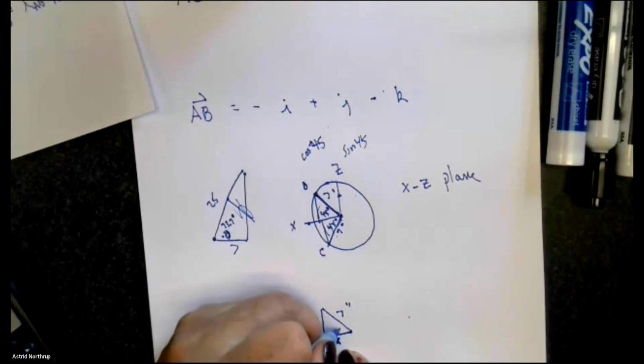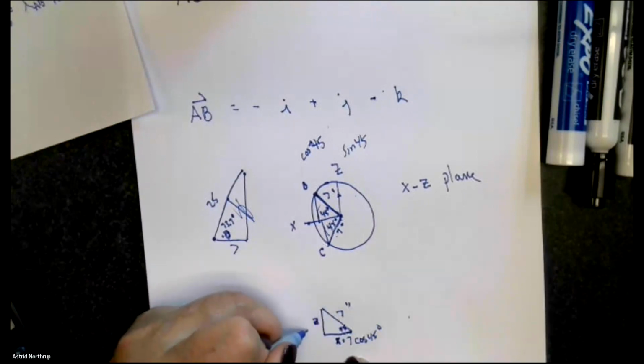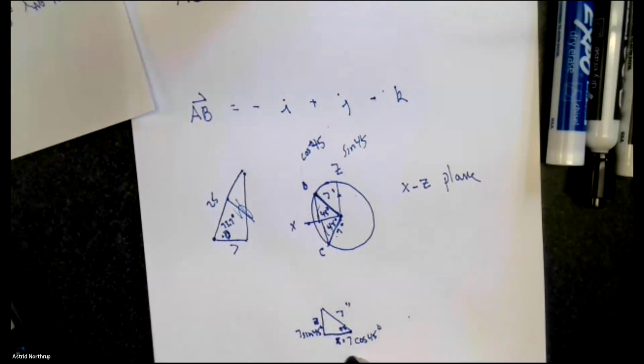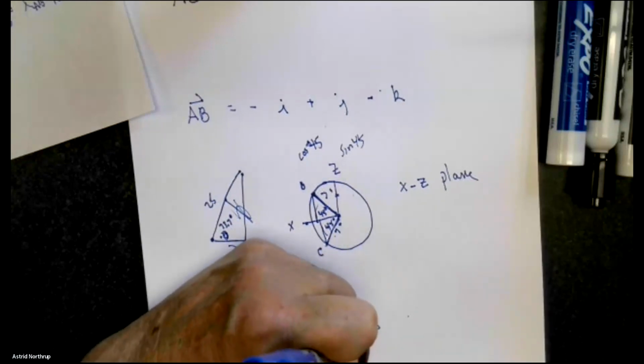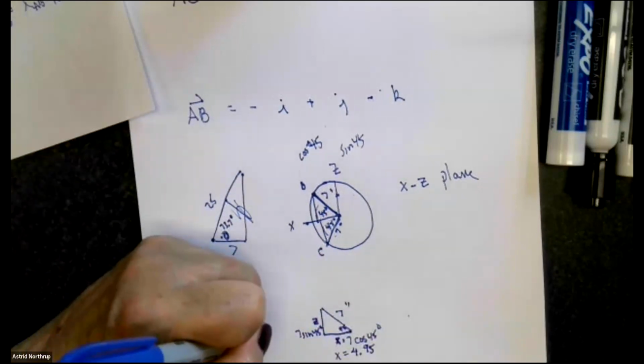All right, so if this is 45, x is equal to 7 times the cosine of 45 degrees. Z is equal to 7 times the sine of 45 degrees. That means that they're both 4.95 inches.